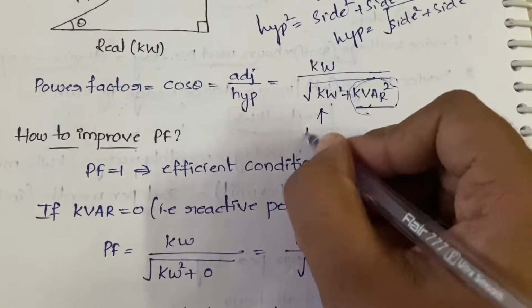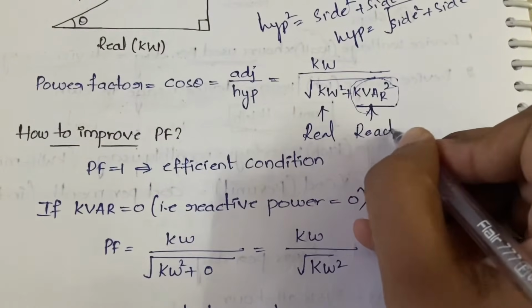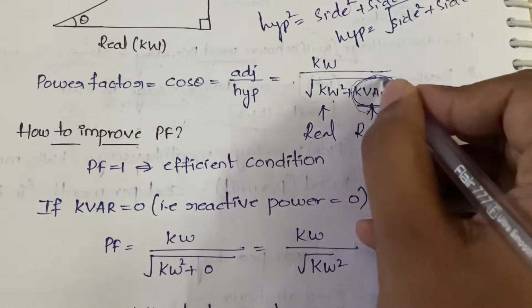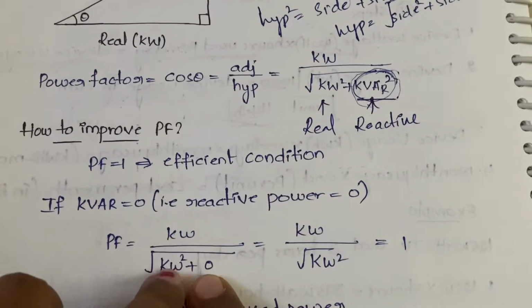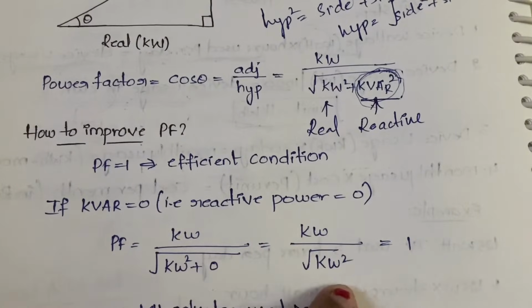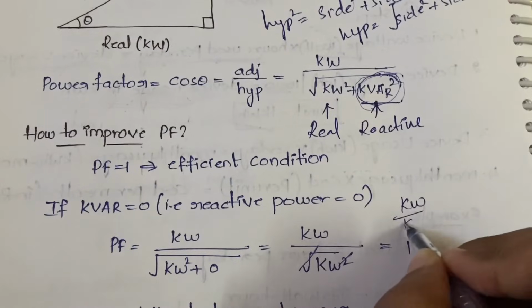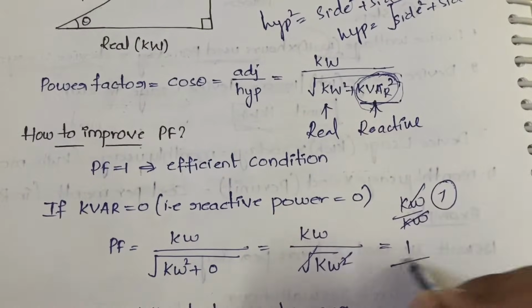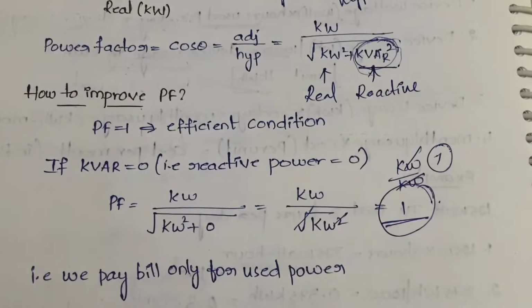This is the real component and this is the reactive power component, right? You need to make this one 0. So when you make it 0, what will happen? kW by root of kW square plus 0. So you will get kW by root of kW square. Here the square root cancels, you will get kW by kW. When you cancel, you will get 1. So you got the power factor as 1, right? That is the efficient condition.